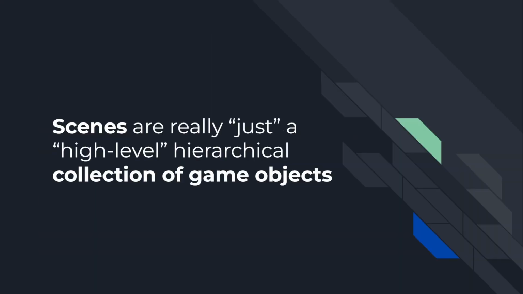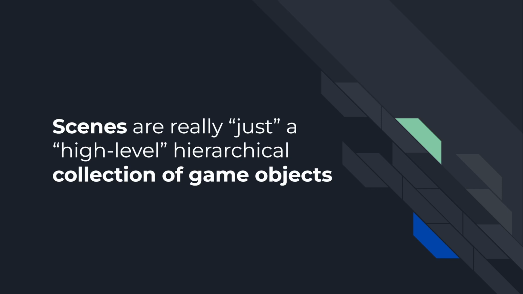But now, thinking for a moment at a little bit of a higher conceptual level, scenes are really just a high-level hierarchical collection of game objects, right? Everything over there in that scene window in Unity, we see a hierarchy. It's just game objects in there, their components on them and so on. But it's that hierarchy of game objects. So it's a collection of game objects.